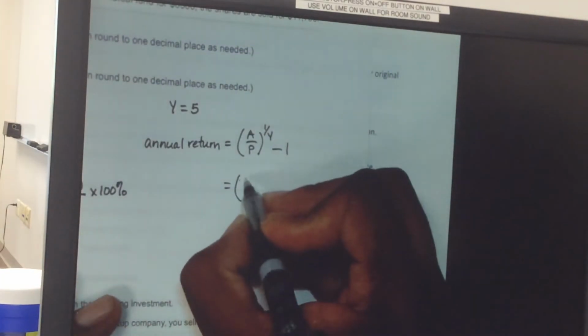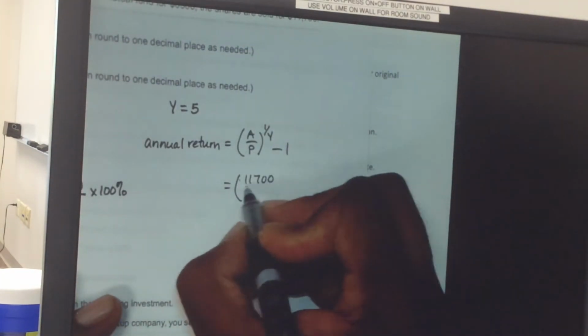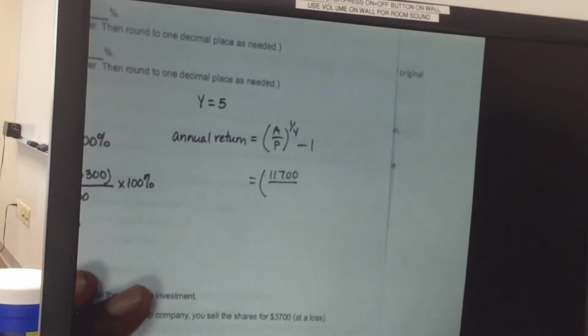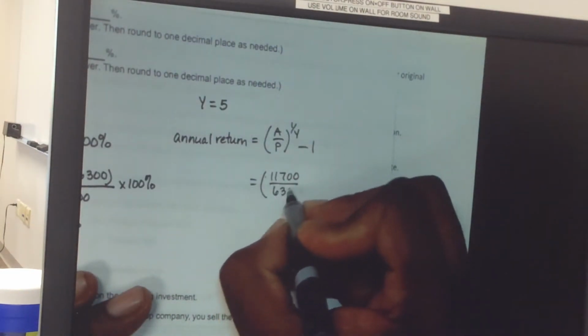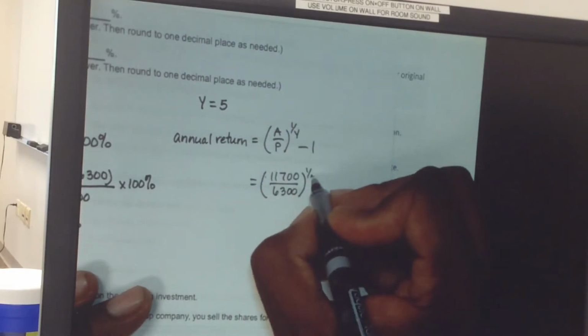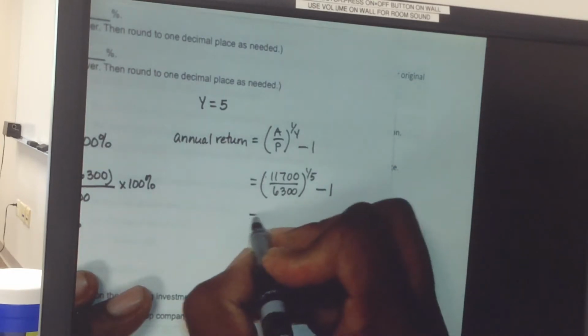Now that A was $11,700 divided by P, that was 6,300, raised to the 1 over Y, that'll be 1 over 5 and then minus 1.